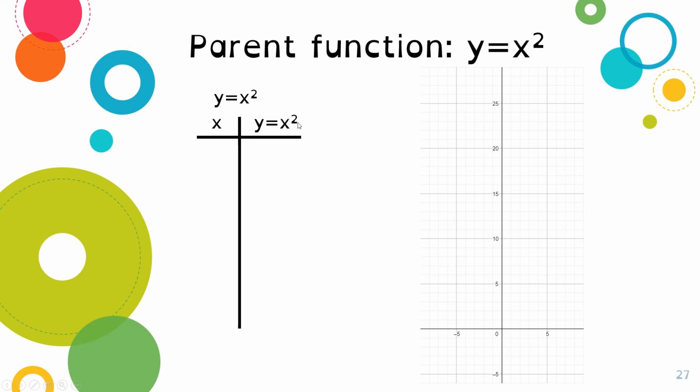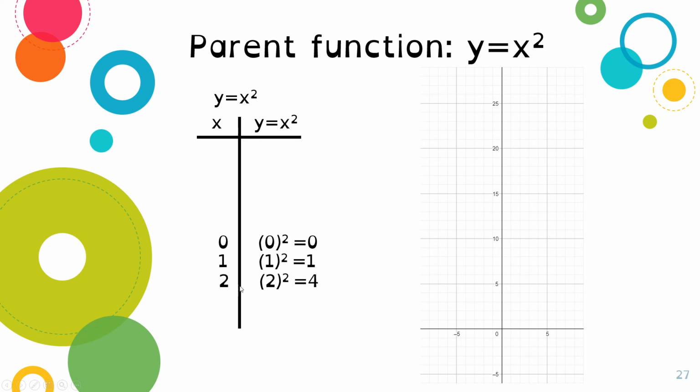If we pick an x value and then we square it, we can figure out a corresponding y value. We can find a relationship between these two numbers. So if we pick 0, so x is equal to 0, 0 squared is 0 times 0, and so that is also 0. If we pick 1, 1 squared is equal to 1.